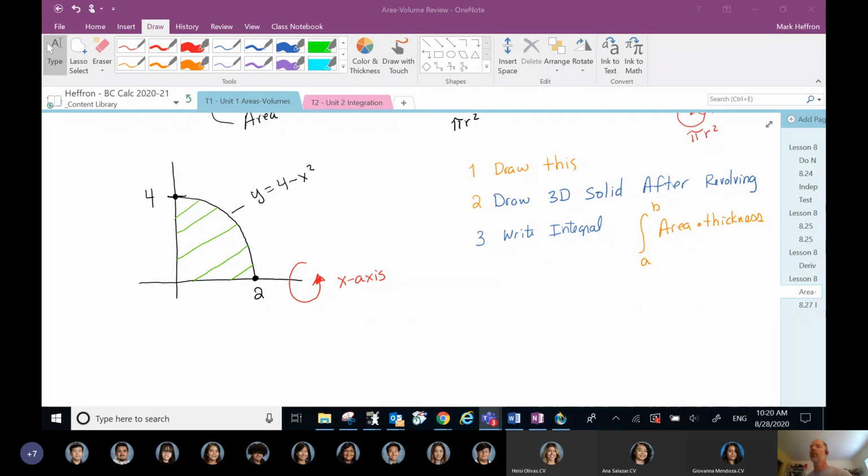Okay. Lots are into step 3. I'm going to pick up my drawing. I want you to check your drawing against mine.